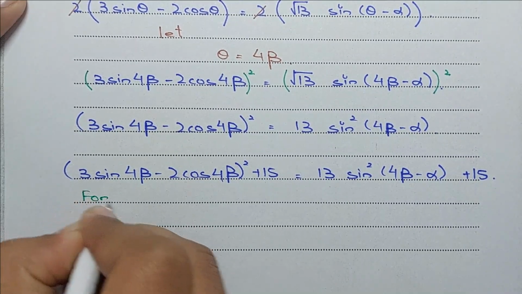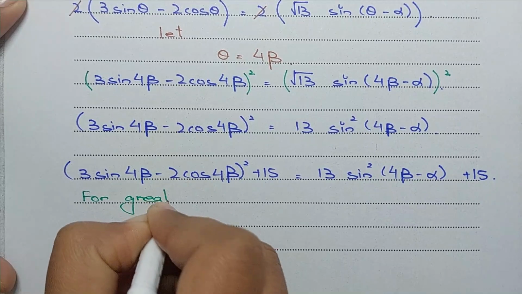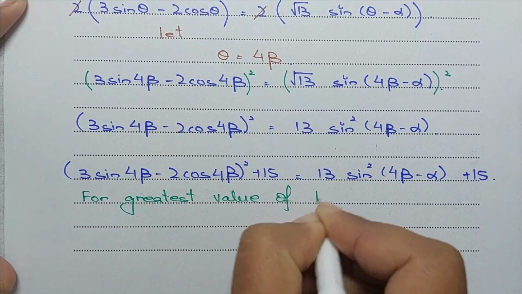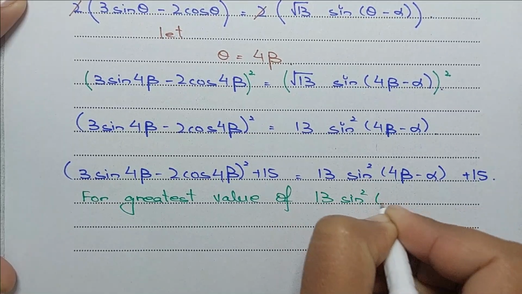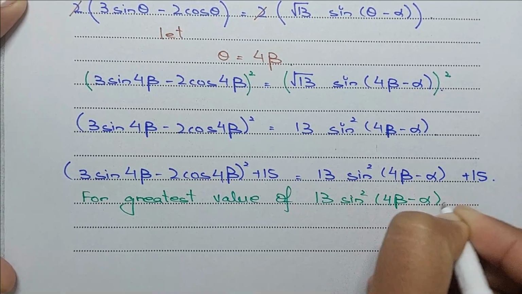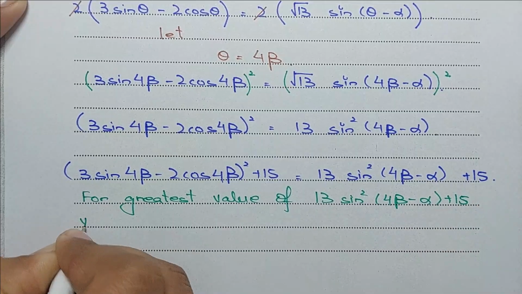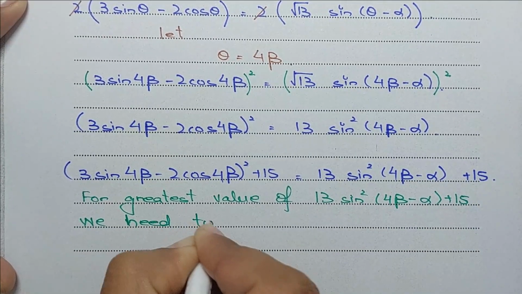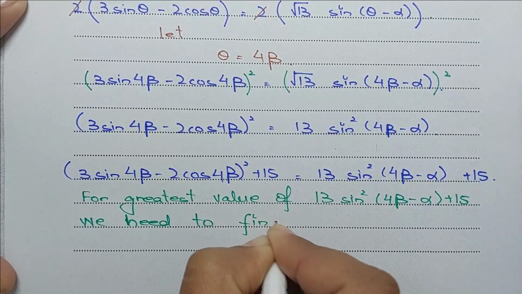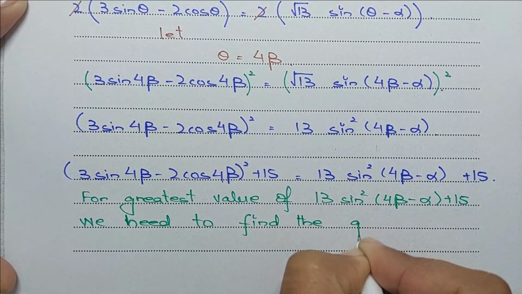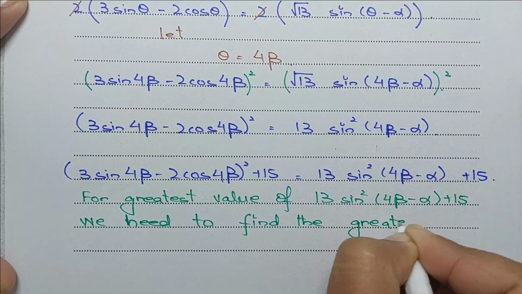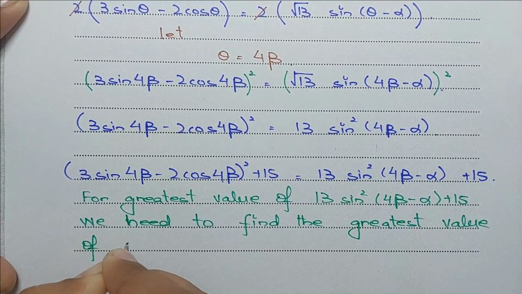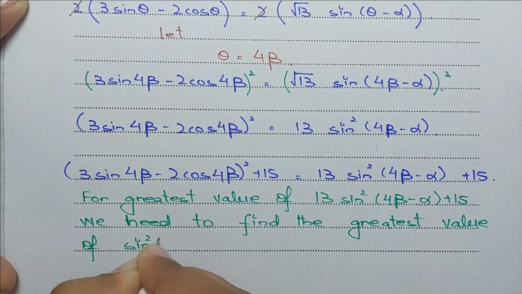For the greatest value of 13 sine squared of 4 beta minus alpha plus 15, we need to find the greatest value of sine squared of theta.